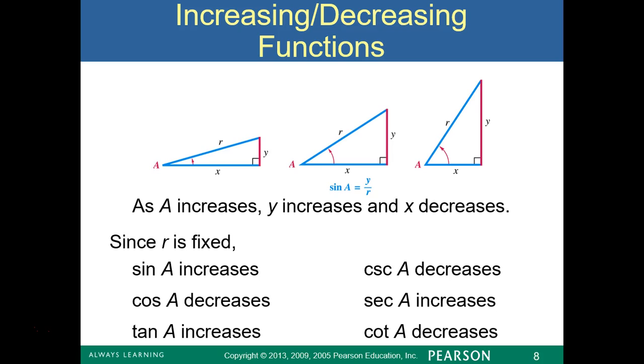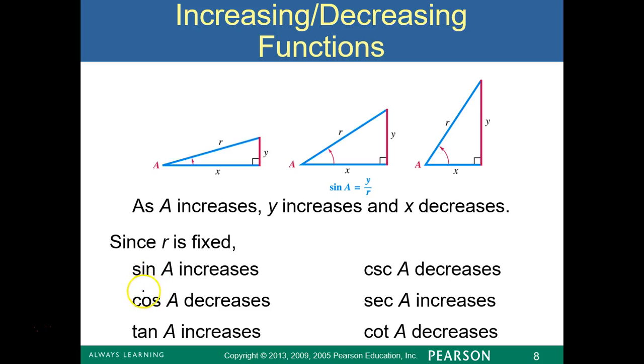And so, looking at this figure here, we can say as sine of A increases, well, y increases and x decreases. And our r value is just always going to be fixed.